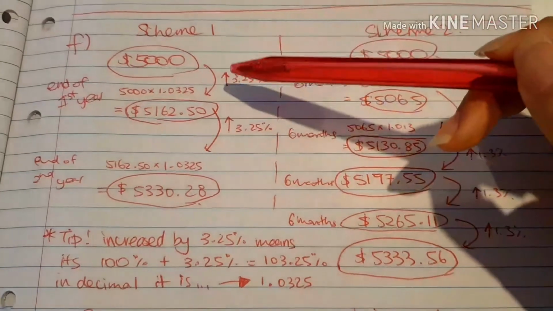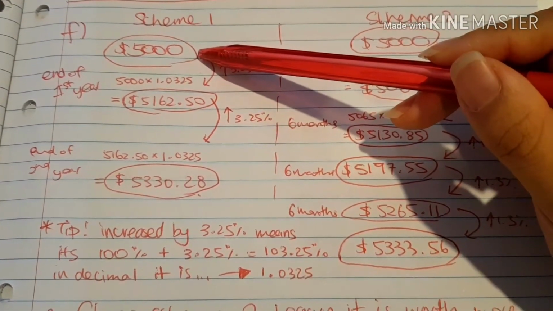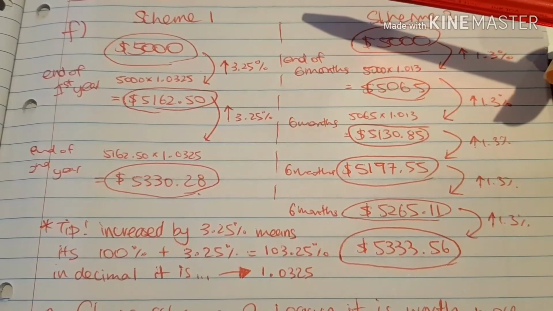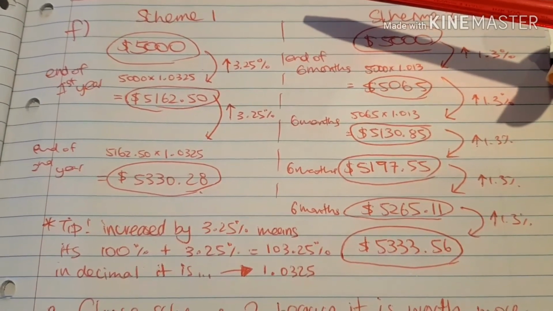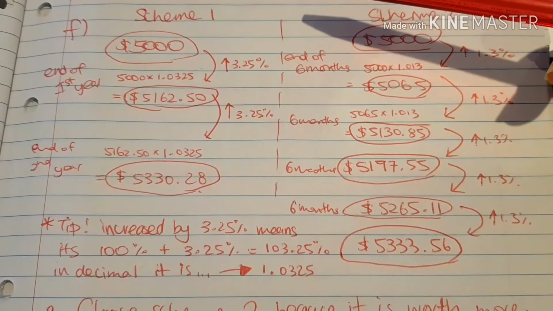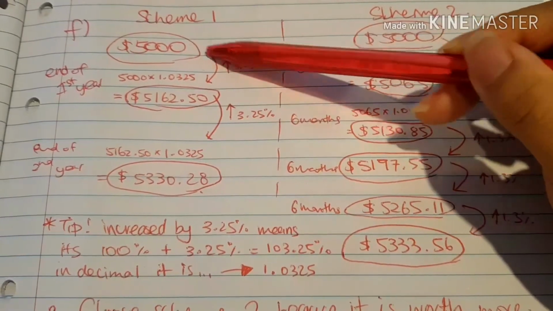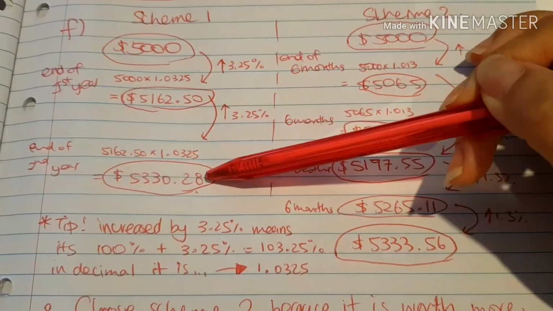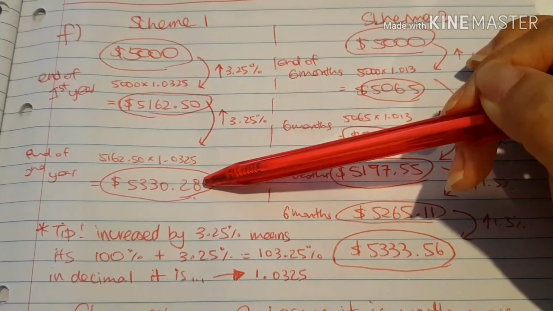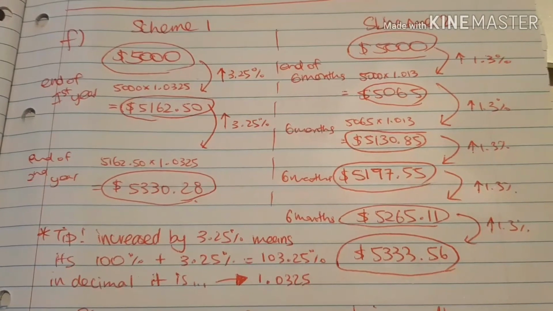Let's have a look at scheme 1. It says the client invests the money in the account and gets 3.25% interest only at the end of each year. So over the 2.5 years, she'll get interest once at the end of the first year and twice at the end of the second year. She won't get any interest for the half year at the end.